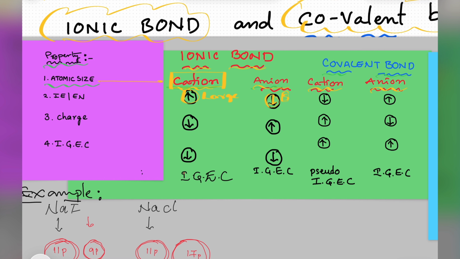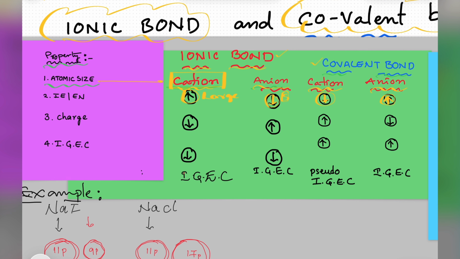Whenever the cation size is large and the anion size is smaller, it leads to the formation of ionic bond. And for covalent bond, it is the opposite of this. The cation size is smaller when compared to the anion. Then a small cation and a large anion combine and form a covalent bond.